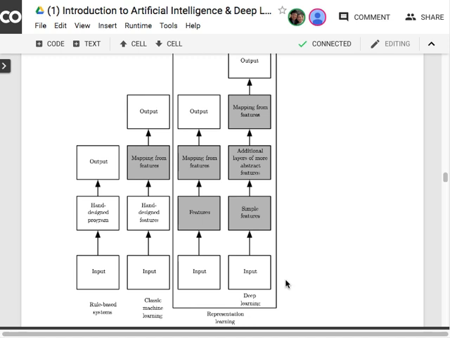And then it becomes the mapping for the features and the output of the class that we want. So this is the step for deep learning.